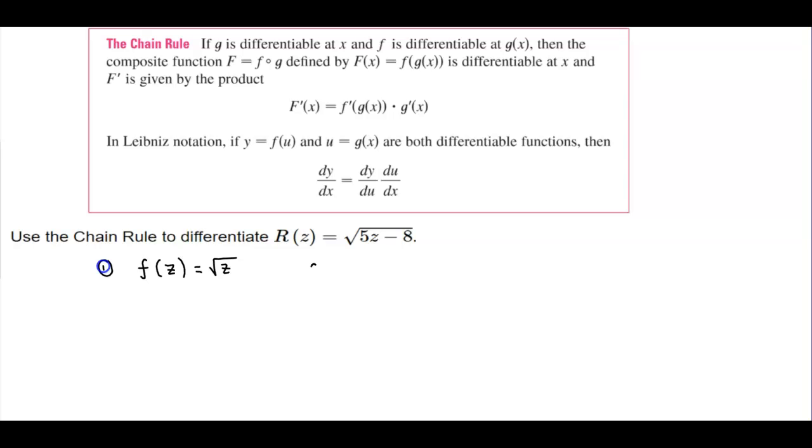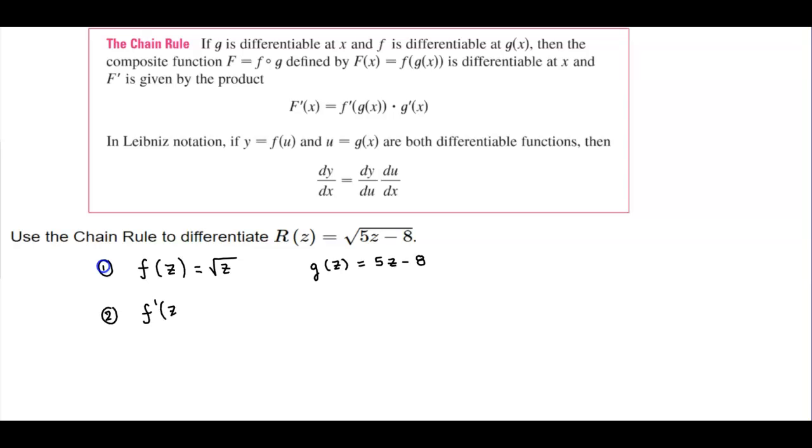Okay, and then we're going to say that g of z is going to represent what's underneath the radical, which is 5z minus 8.